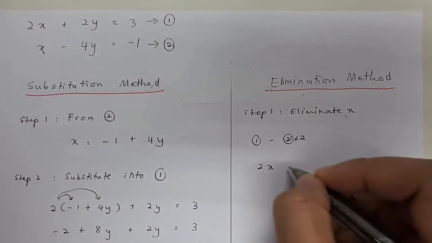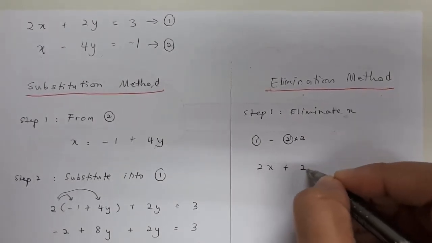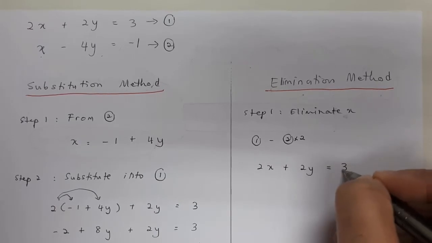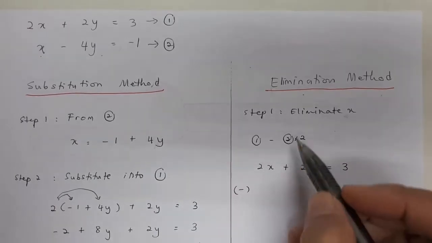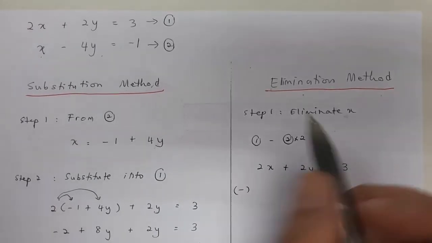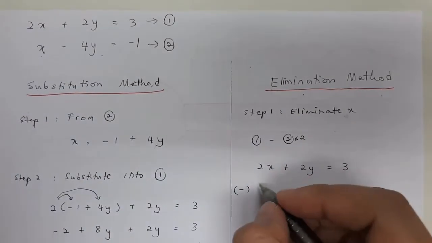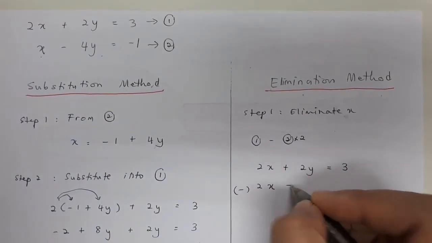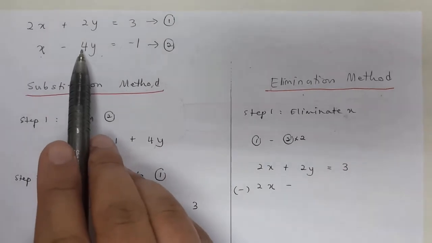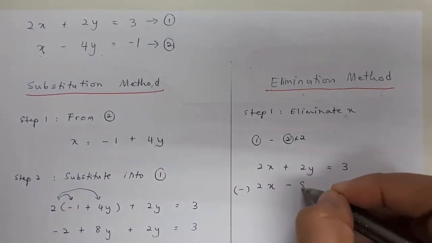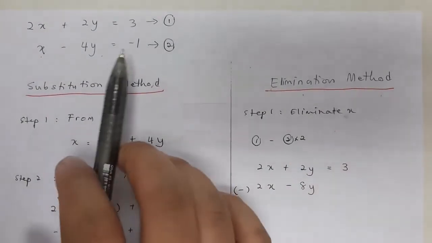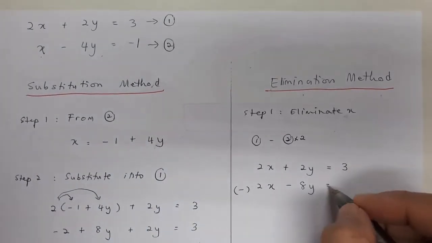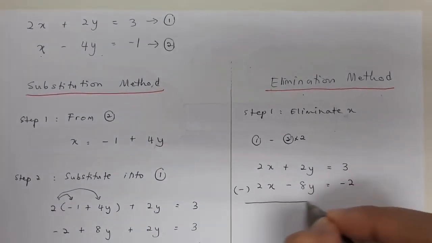So 2x plus 2y equal 3 minus, the second equation multiplied by 2. 2 multiply by x is 2x, minus 2 multiply by 4y, 8y. 2 multiply negative 1, negative 2.